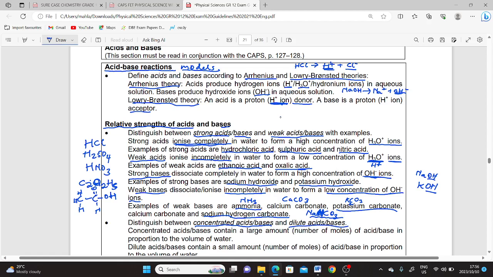Now we can have a strong acid that is not concentrated, and a strong base that is diluted, or a strong acid that is also diluted. So let's check the difference between those things.